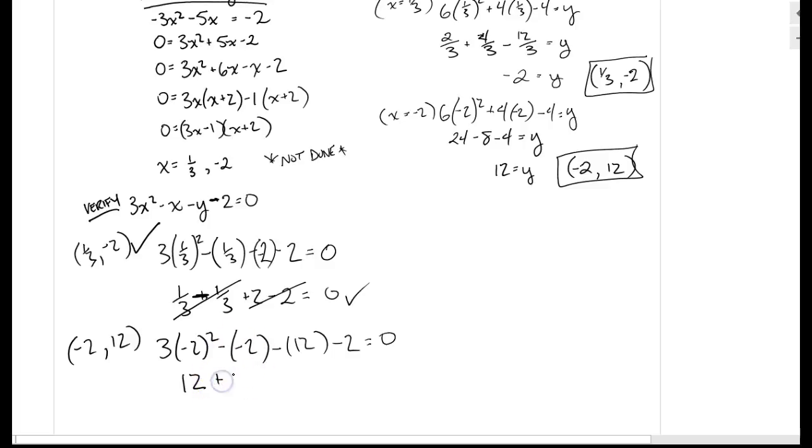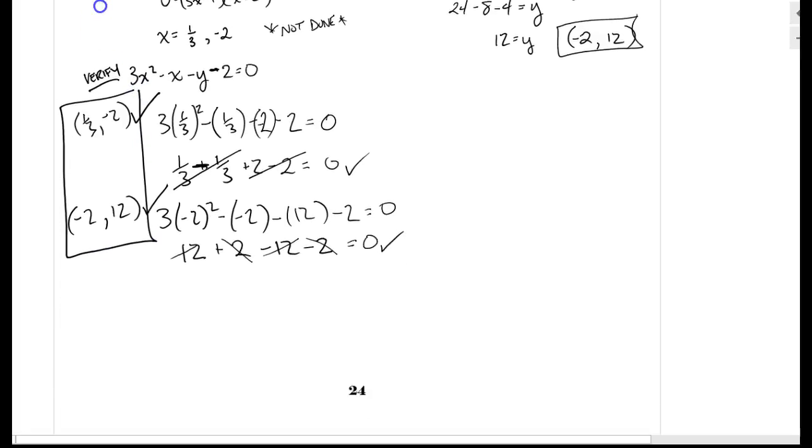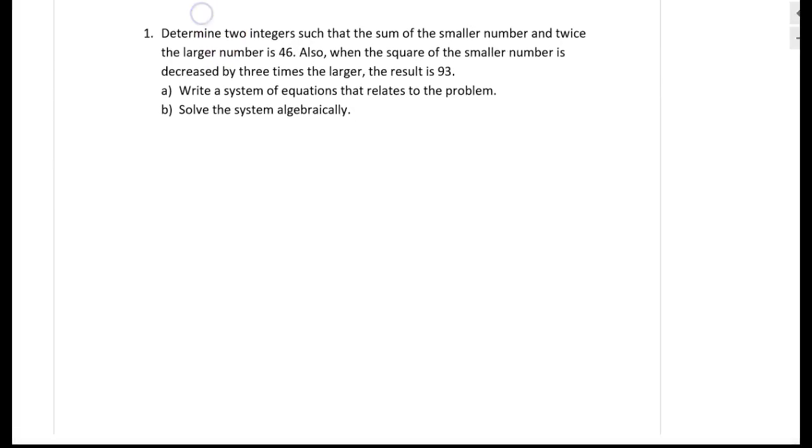Negative and negative is positive, so plus 2 minus 12 minus 2. We get these two canceling out, these two canceling out, all set equal to 0, so that's true. So both of my coordinates are true. Yay!